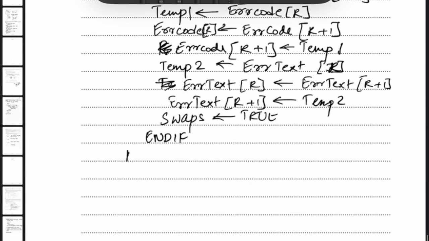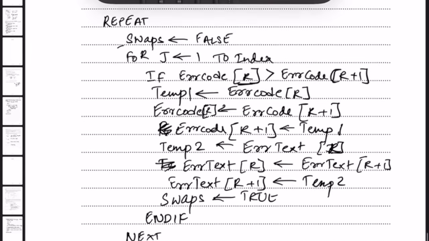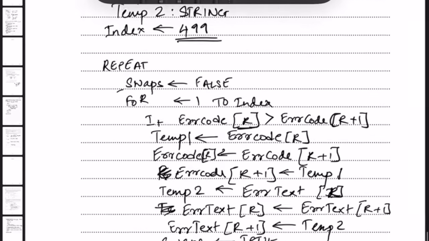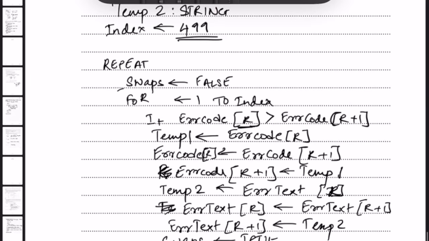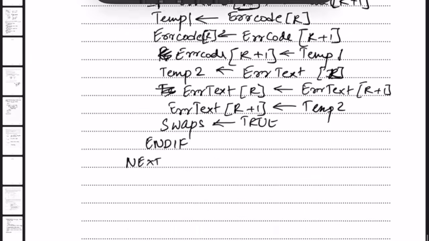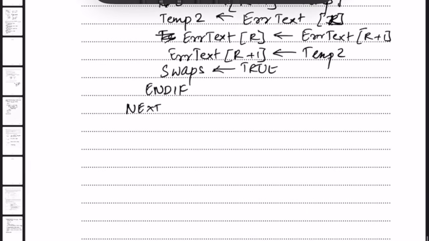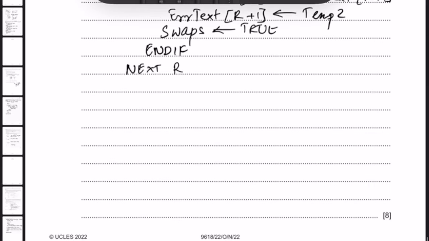Yep. Next. Oh, I have written j here because I am referring to the mark scheme wherever I need to be sure, and they have used j, which is why I'm getting confused. But next r, and index we'll increment.